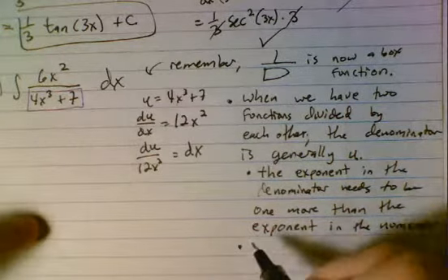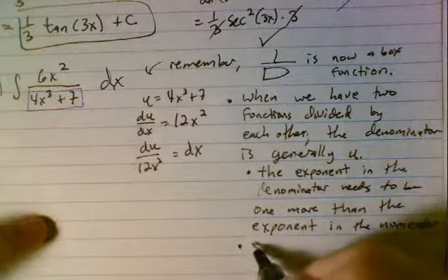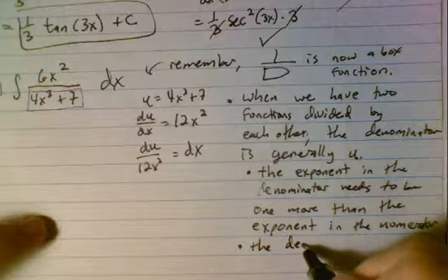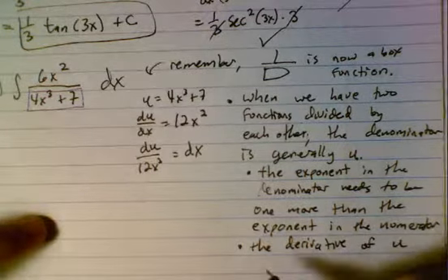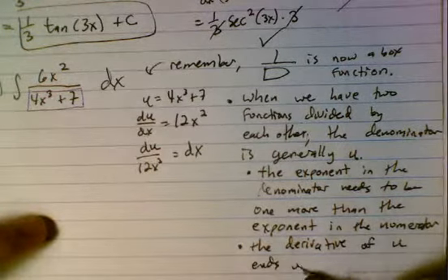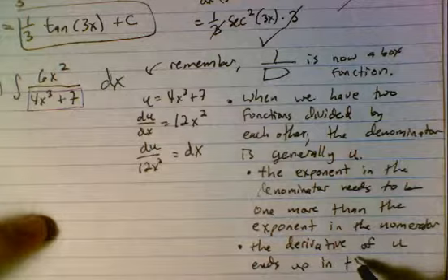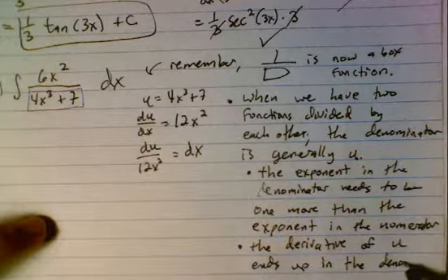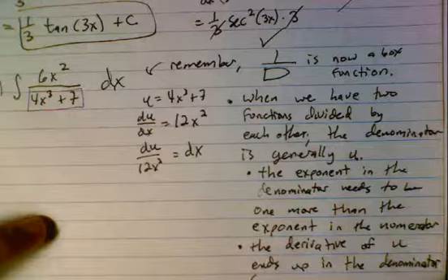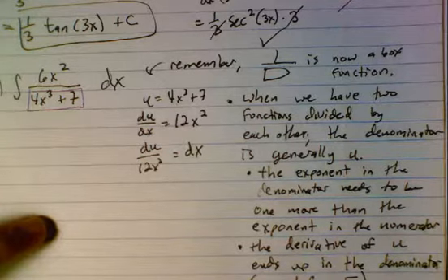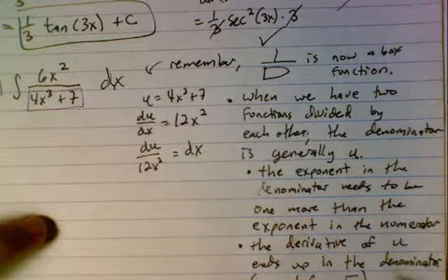So the derivative of u ends up in the numerator, or in the denominator. This is true except for the square root of x. Incidentally, we'll get to an example with that in a bit.